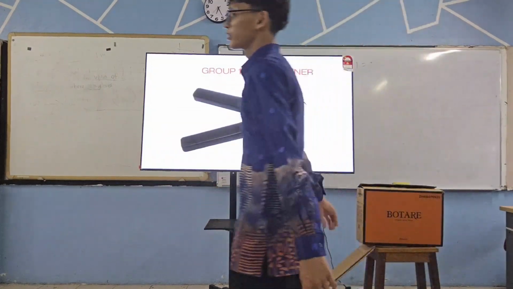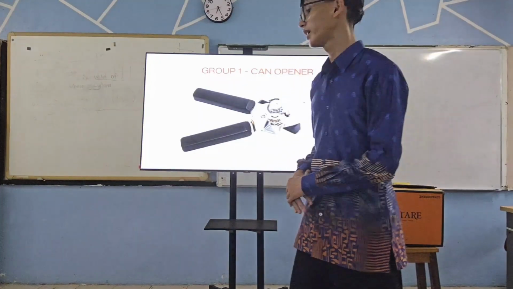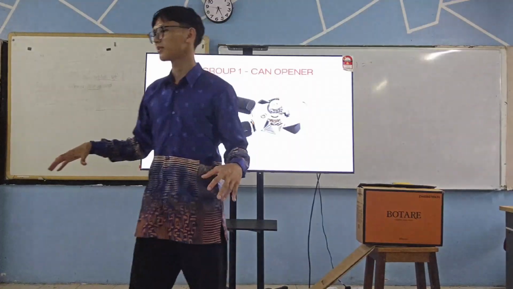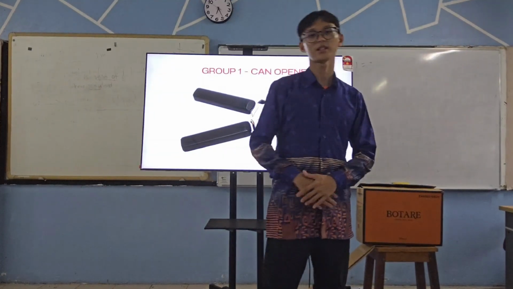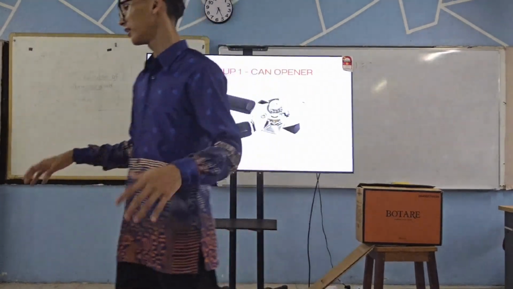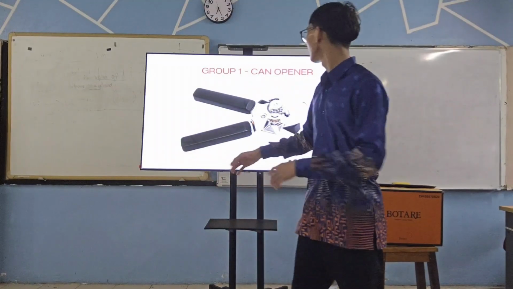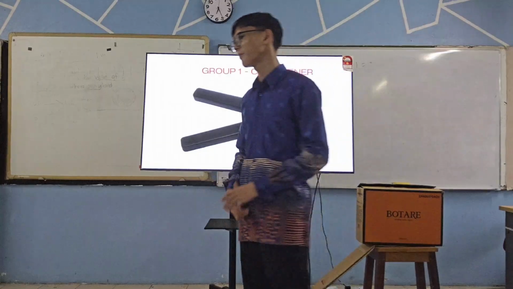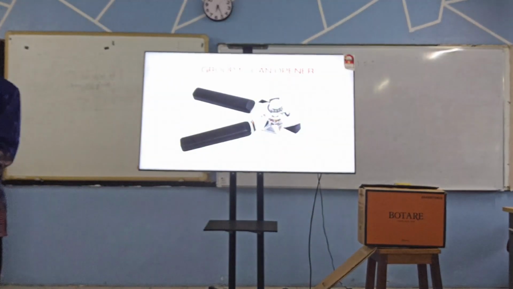In groups, discuss to identify what simple machine occurs in the complex machine. So this is for group 1.